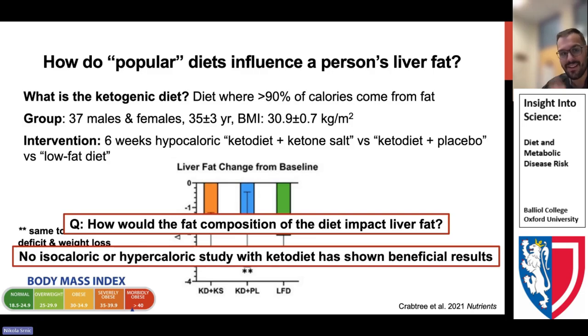It also may explain why no isocaloric or hypercaloric study has shown benefit with the ketone diet. Again, not a lot has been published when I went back and looked while making this presentation, so things may come up in the future which contradict this, but as it currently sits today, there is no evidence that I'm aware of that shows a beneficial effect on liver fat.